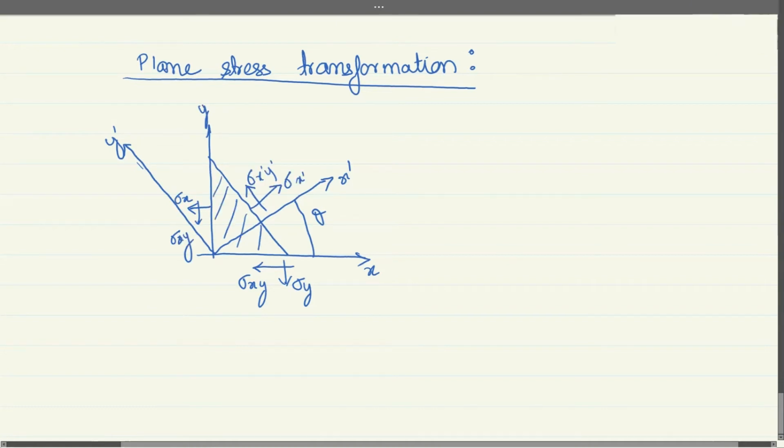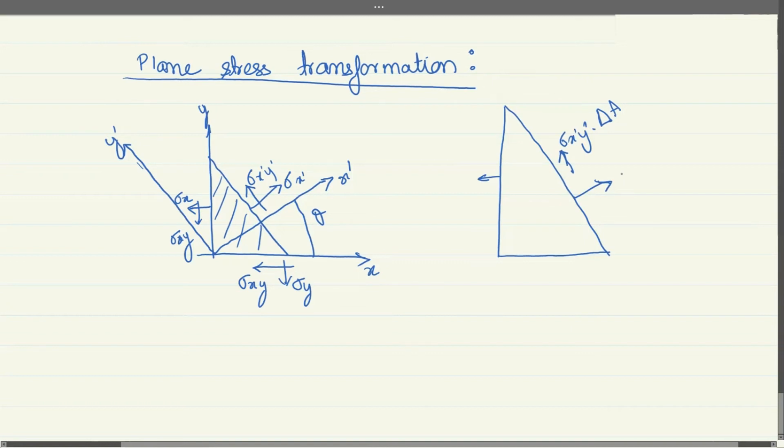Now if the area on which this is acting, so let's say this area is delta A. So first let's look at sigma x prime y prime, and if we call this area delta A, then the force acting here is sigma x prime y prime delta A. And similarly, if the stress acting here is sigma x prime, then the force acting here is sigma x prime delta A. On the other hand, here the stress that is acting is sigma x, and since this is delta A and this is theta, to calculate the force, the area here is delta A cos theta, and therefore sigma x times delta A cos theta is the force acting in this direction.